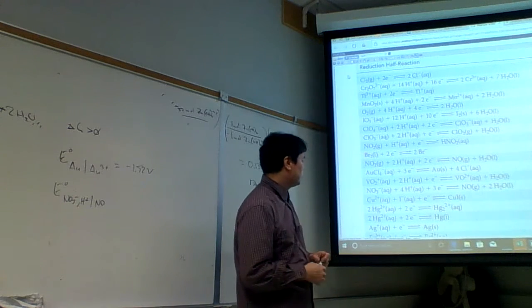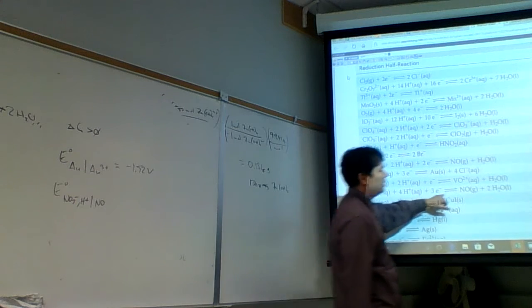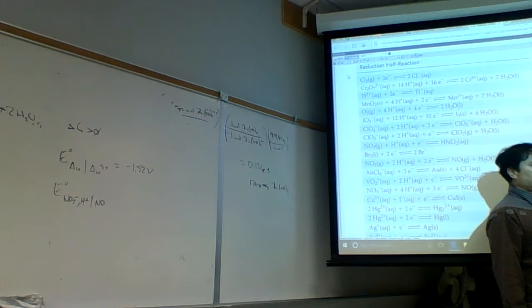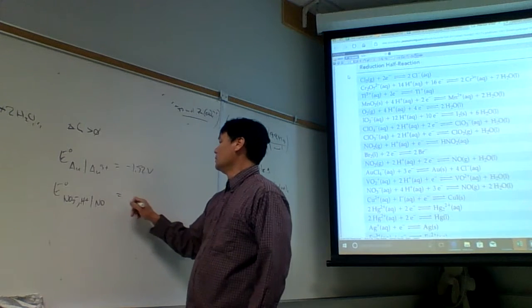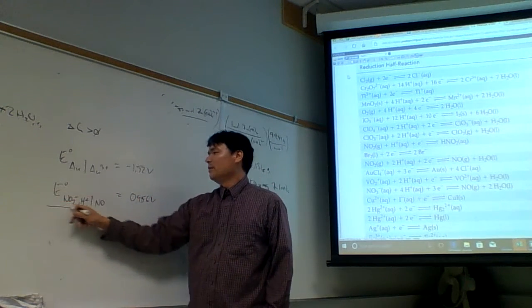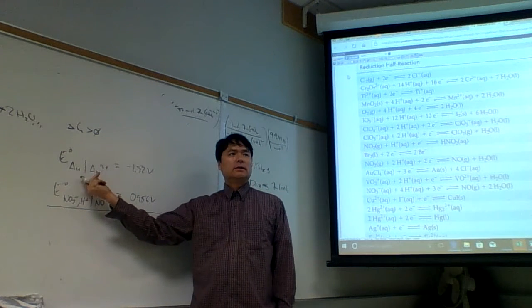And so nitrate's a pretty good oxidizer because it has a fairly high, what do you call that? Reduction potential. This reduction potential is 0.956 volts, which is okay. So this is 0.956 volts. But if we want the cell potential, we have to add the, what do we call this one?